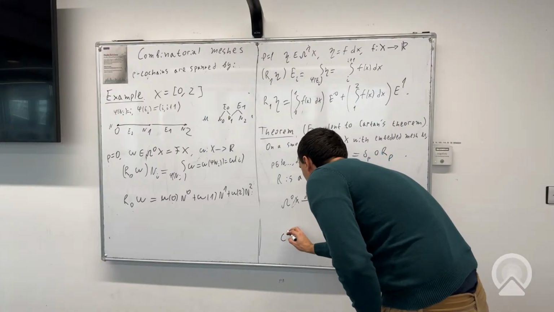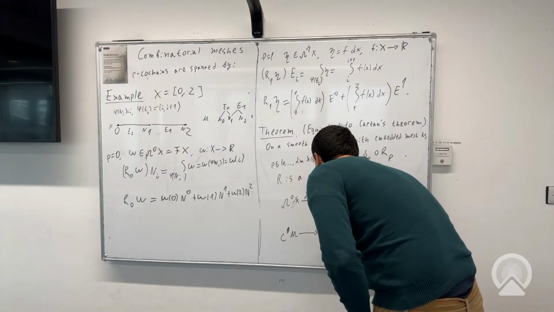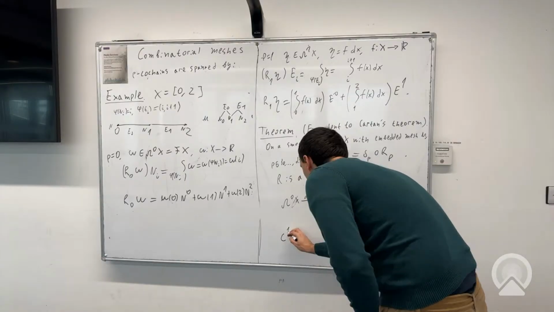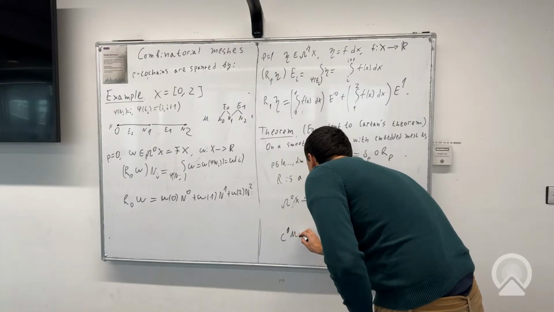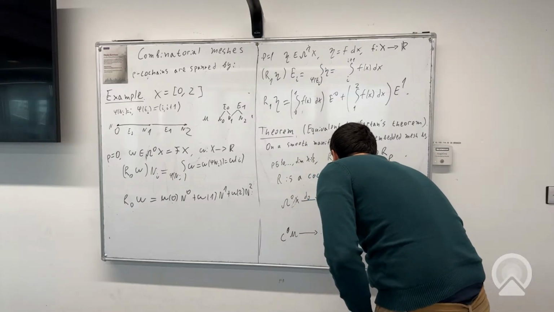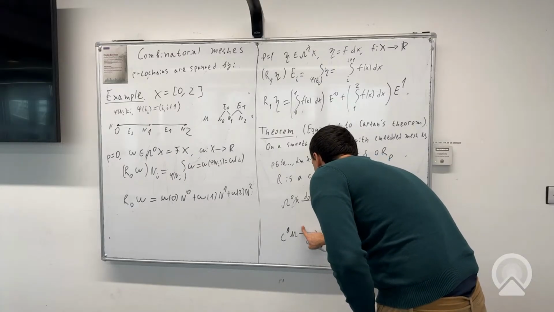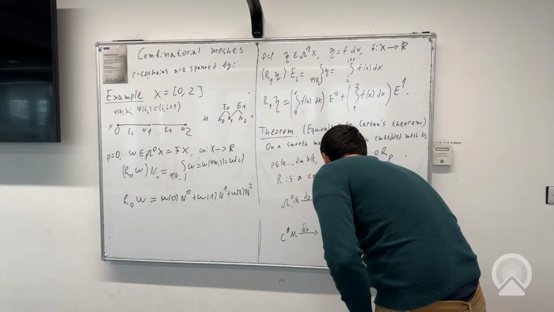And at the bottom we have the mesh, with delta 0 to delta d minus 1.